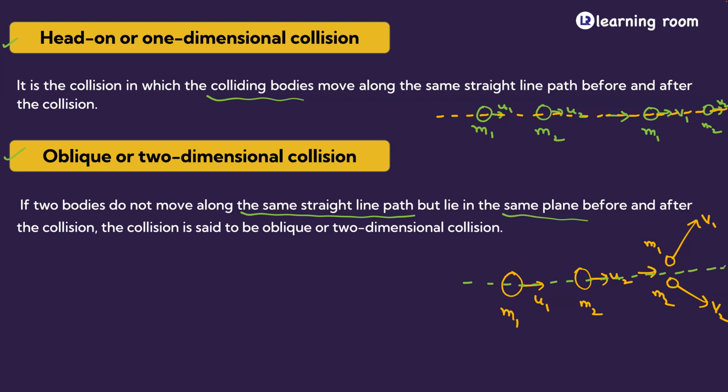Initially, they both are lying along the same line, but finally, what is happening? Each object is making an angle theta1 and theta2 with respect to the line of impact. So this kind of a collision is what is called as two-dimensional collision. But these two objects should lie in the same plane. Means you can actually draw a plane through these objects, but you cannot draw a line through these objects. Am I clear with these 2 points? Right? So make a note of this.